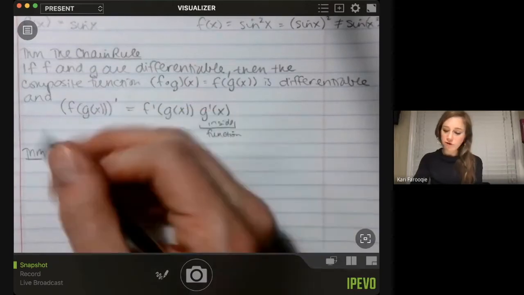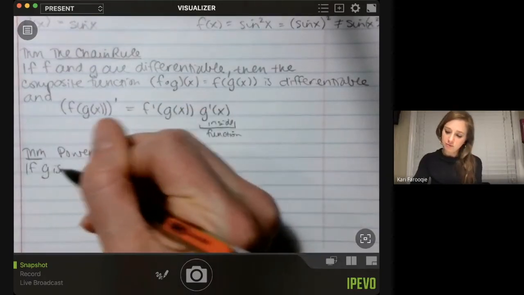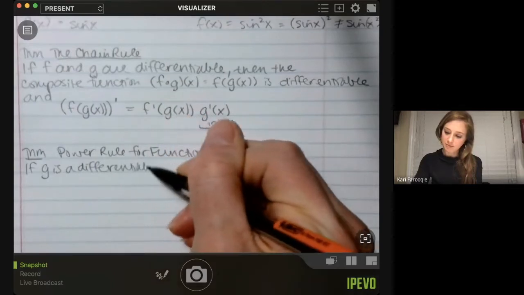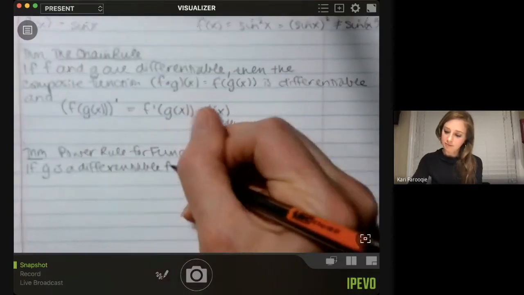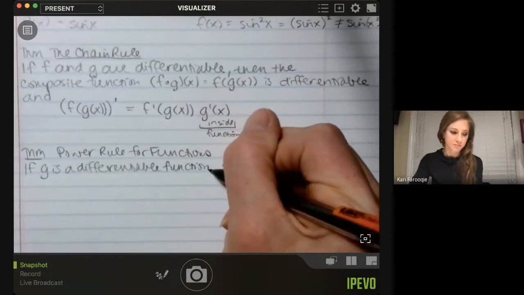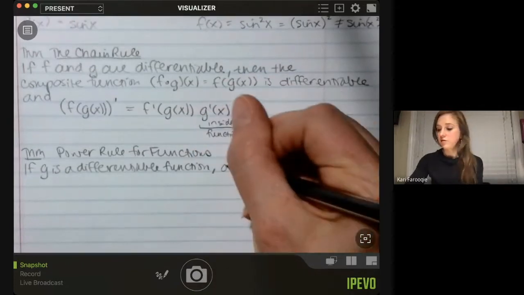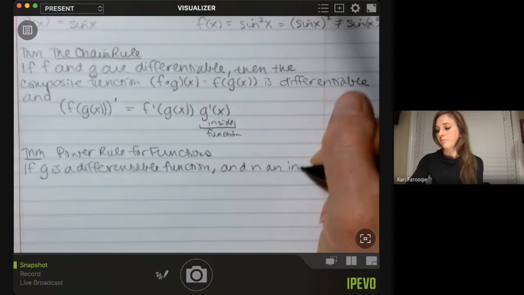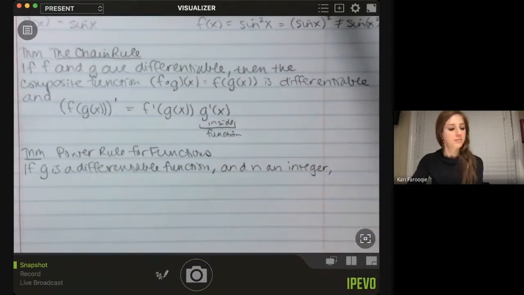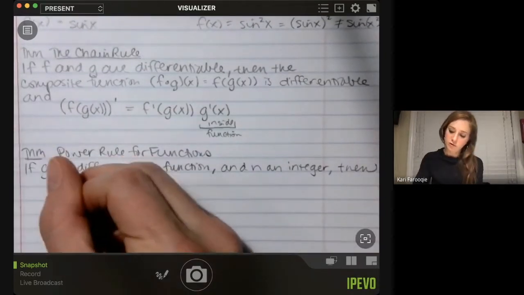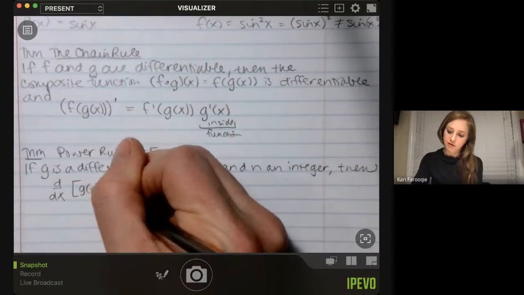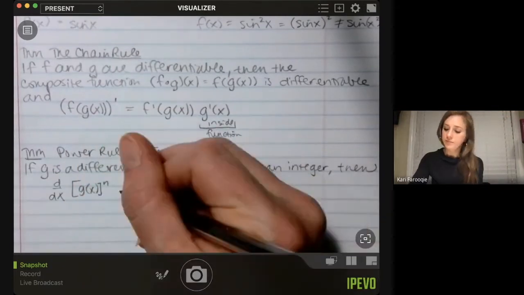If g is a differentiable function, and n is an integer, then the derivative with respect to x of g of x to the nth power.